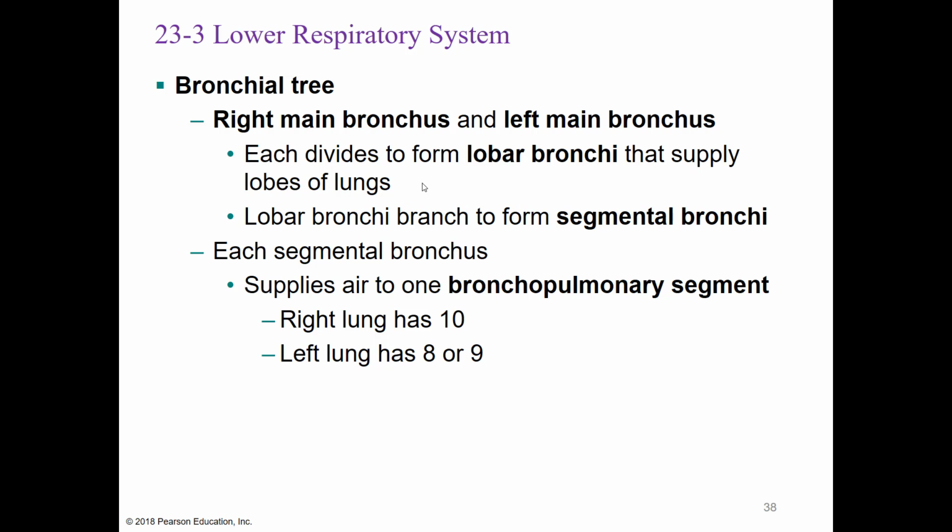The right lung has 10 and the left lung has 8 or 9. The right lung's just a little bigger than the left lung, and the left lung is a little smaller to make room for the heart. So let's take a look at that in a picture.